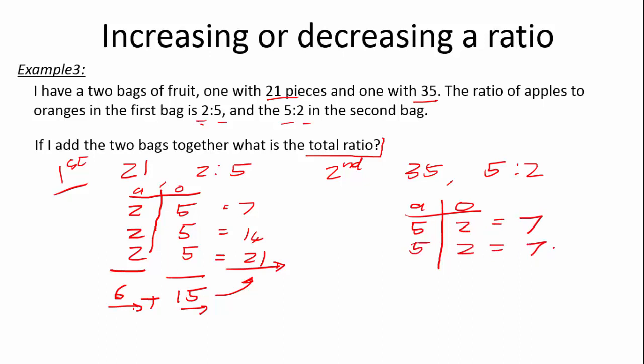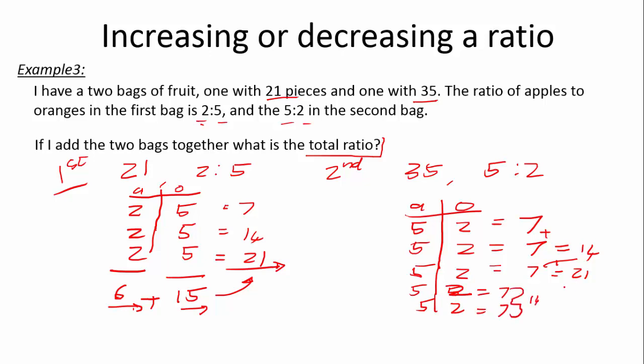That is 7 again, so the total is 14. 5 and 2 again, that is another 7, making 21. Another 5 and 2, another 5 and 2, that is 7, 14, 21, and that is our 35.